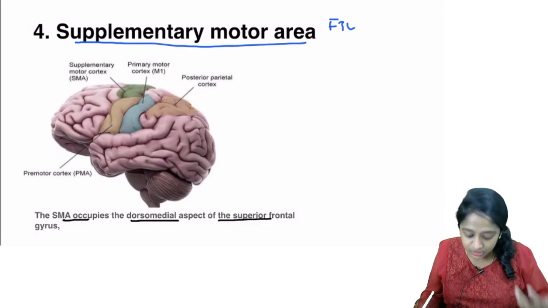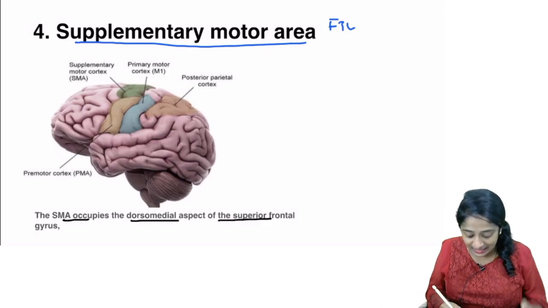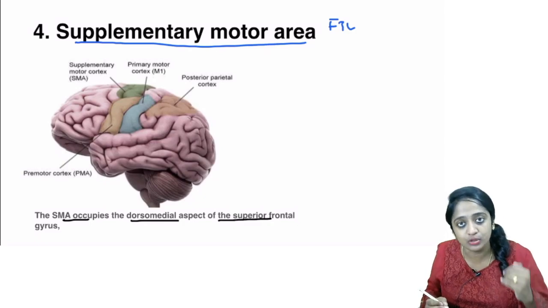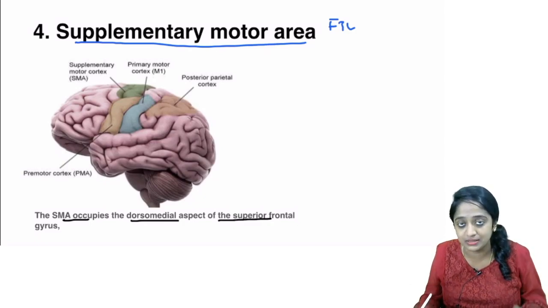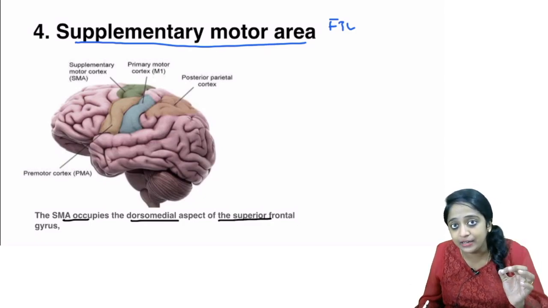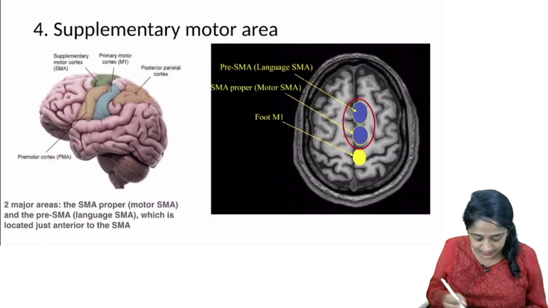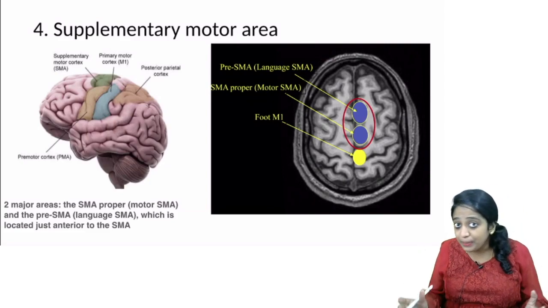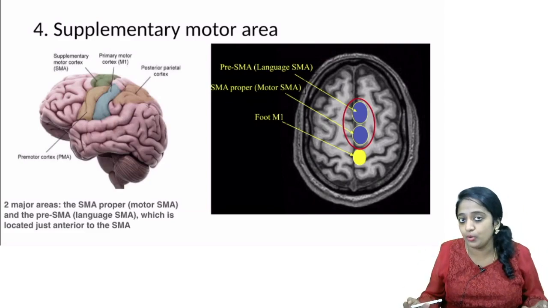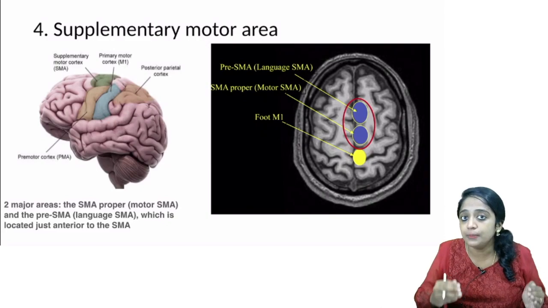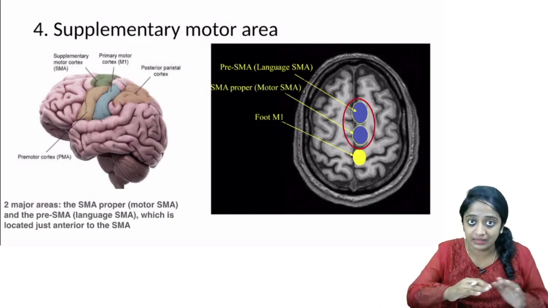To be more specific, you can remember it as lying anterior to the precentral gyrus or the motor cortex. To be specific, anterior to the foot motor area. In the precentral gyrus, which is the primary motor cortex, different parts of the body are represented in different areas, like a mapping.